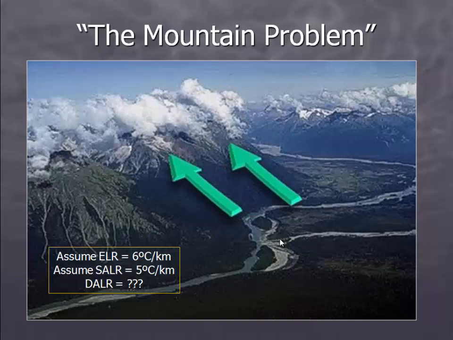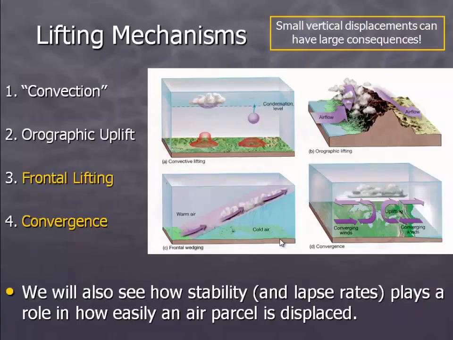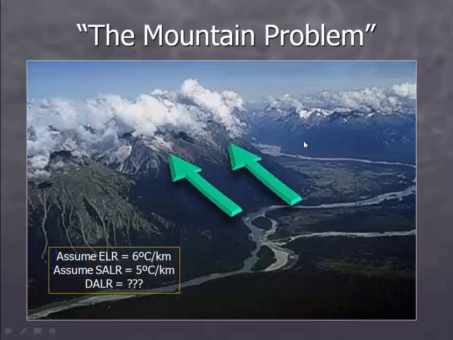To cap off the lecture today, I want to focus on the second of the lifting mechanisms, which is the orographic uplift or the topographic uplift. I want to introduce to you something called the mountain problem, and I want to show you how air parcels change as they move up and over mountains.